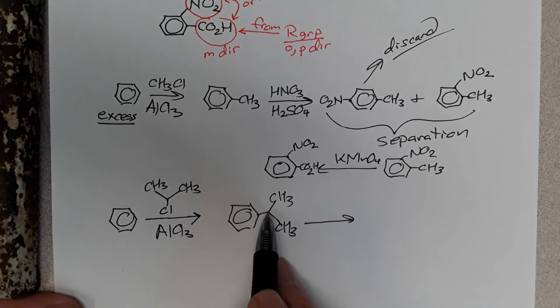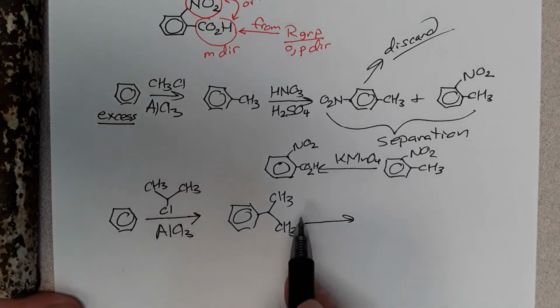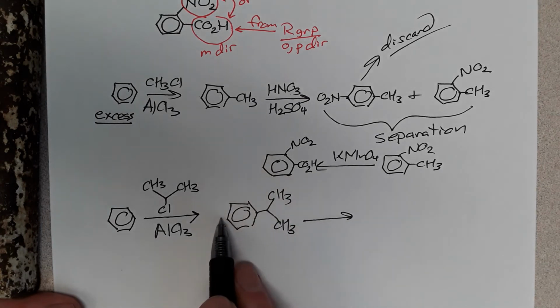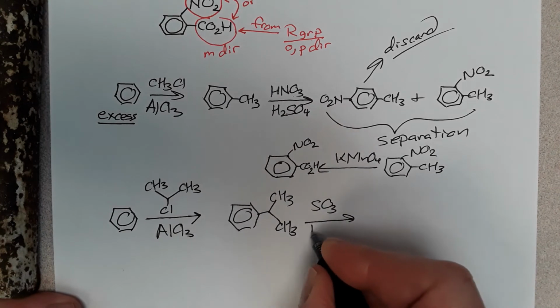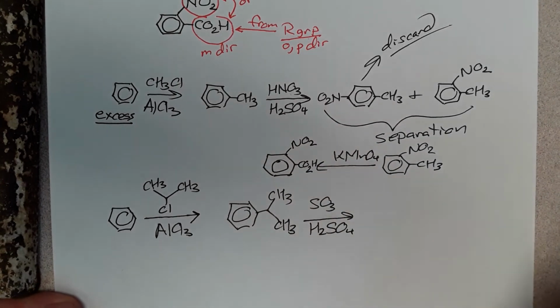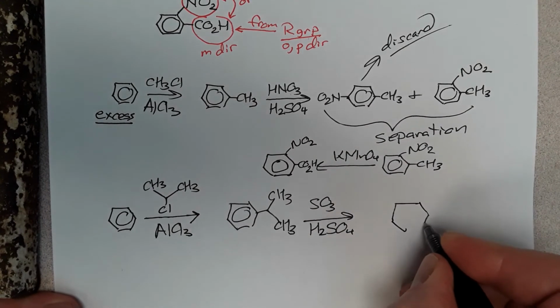So what can we do to block this position and get it to add only ortho? Well, this is bulky, and so whatever we add is going to go mainly to the para position. So if we add the sulfonic acid, that will take up the para position.